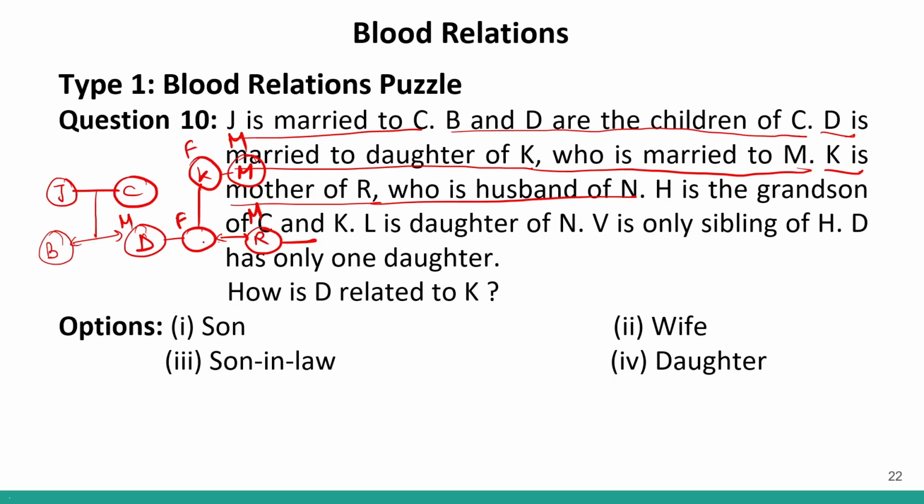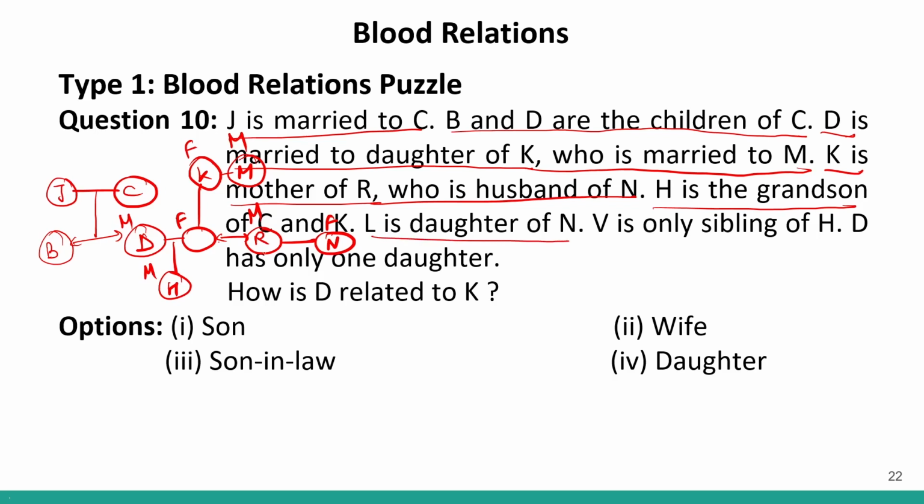Over here, we had a female position. Husband of N, so N would be female. Correct? H is the grandson of C and K. So, grandson of C and K means the child of D and this person. So, H would be male. It is given to us.